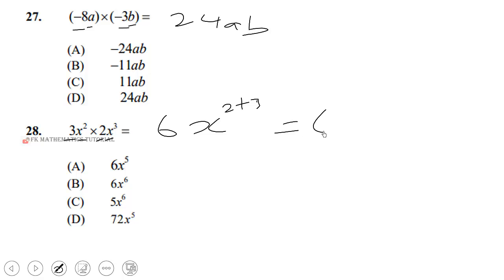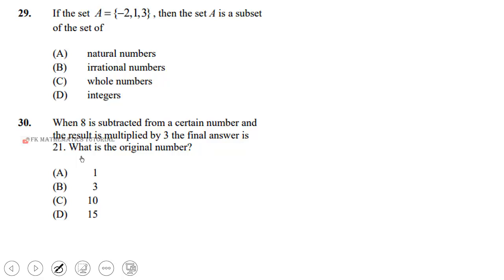So that will give us 6x to the power 5. Option A. If the set A equals negative 2, 1, 3, then the set A is a subset of integers, because integers have negative whole numbers in them.